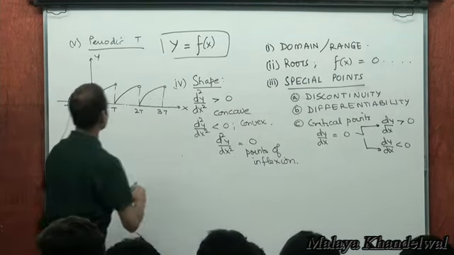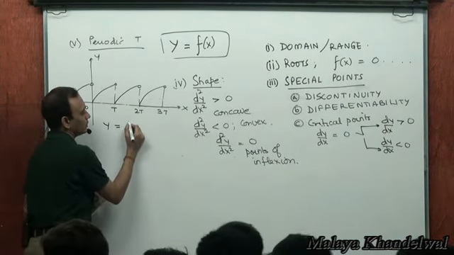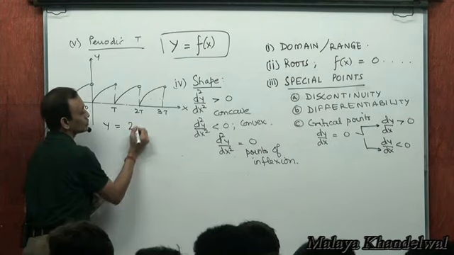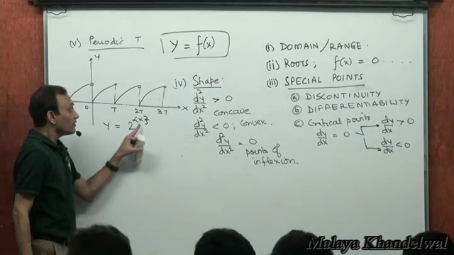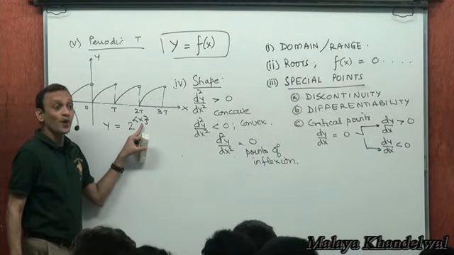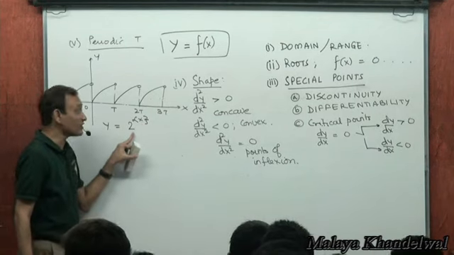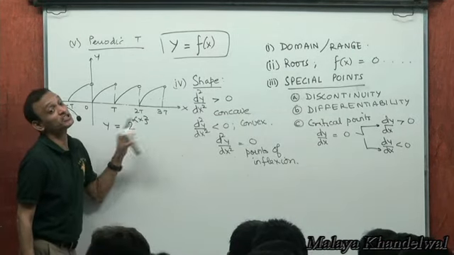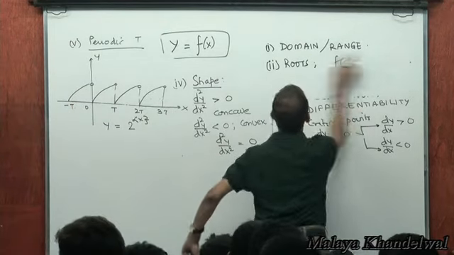Say for example, y equal to 2 to the power fractional part of x. Its periodicity is 1. It will inherit periodicity from the fractional part of x. Therefore, this is a function which is periodic and has periodicity 1. Now, what's the graph of 2 to the power x?